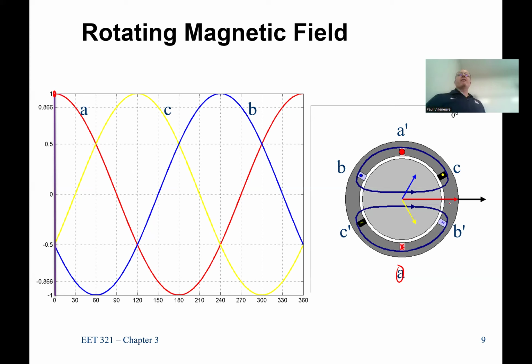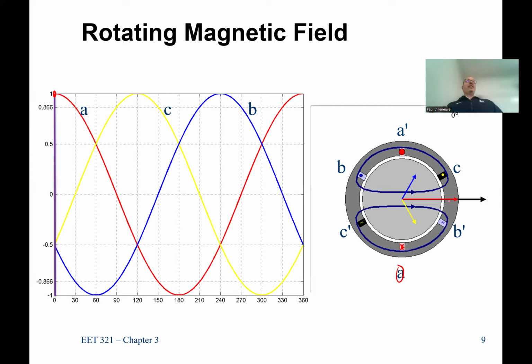There's no current here. So the current is this vector, and the magnetic field goes that way. That's the magnetic field. And the reason that's important is, could current flow through this piece of iron through the air gap? No, it can't. The magnetic field can, but the current has to flow through the winding.